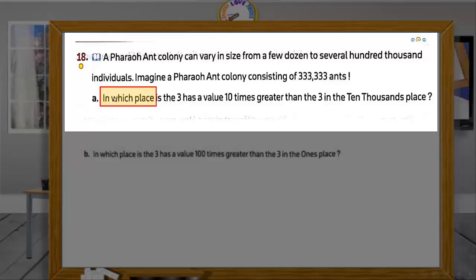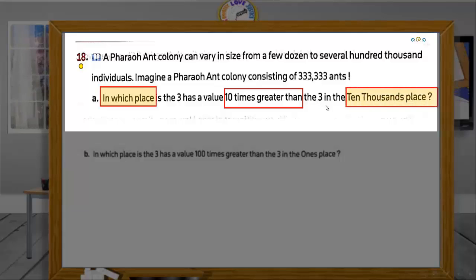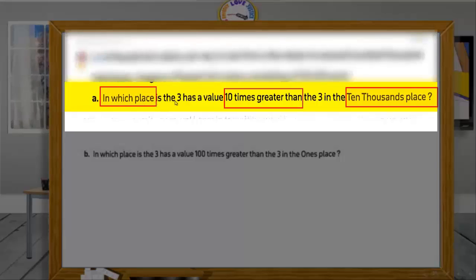In which place does the 3 have a value 10 times greater than the 3 in the 10,000s place? 10 times greater means you should go to the left side. 10 means 1 0. That means you will move one place only to the left side. Again, I will read the question and explain the answer. In which place does the 3 have a value 10 times greater than the 3 in the 10,000s place?